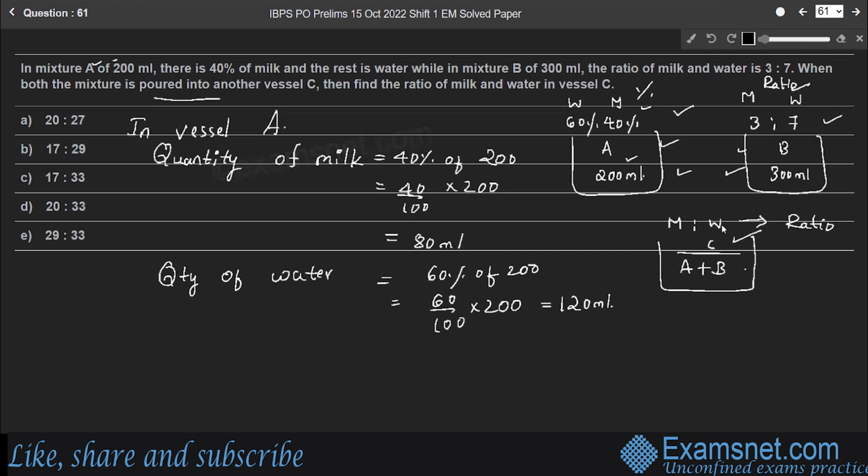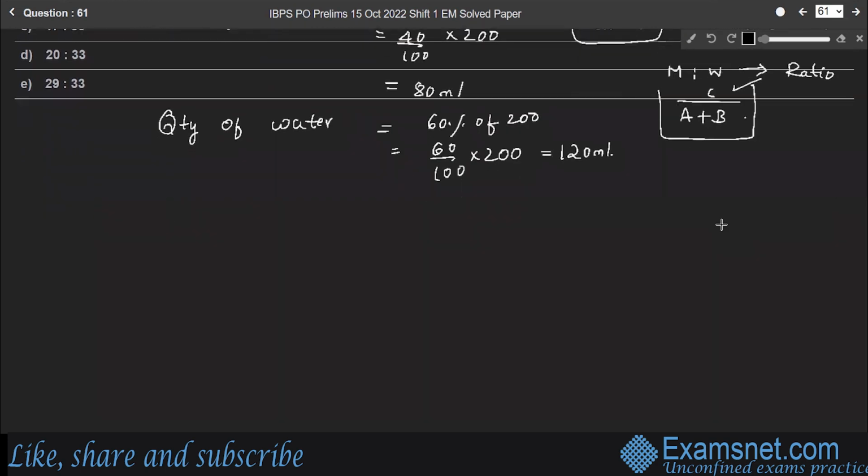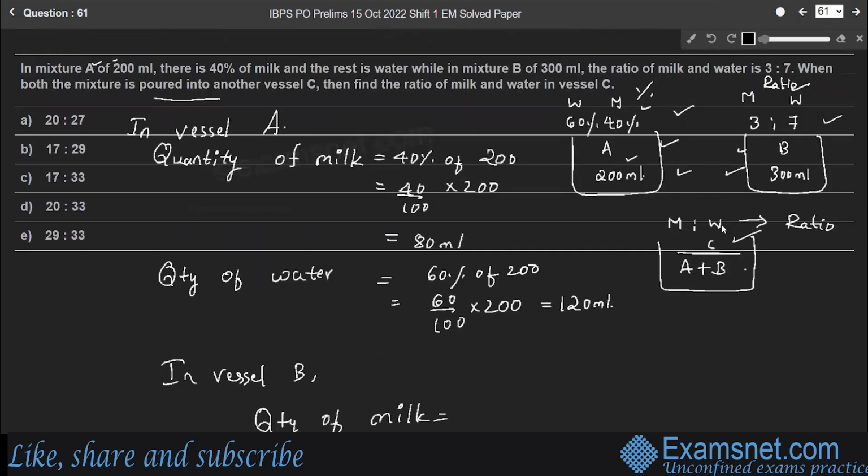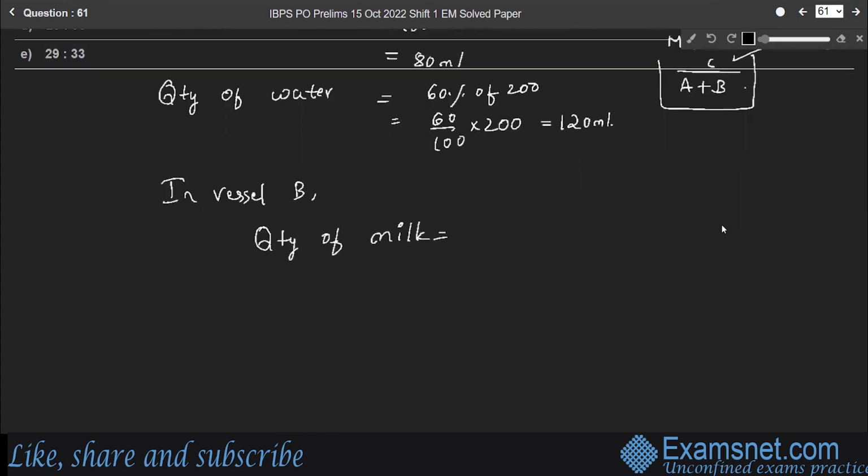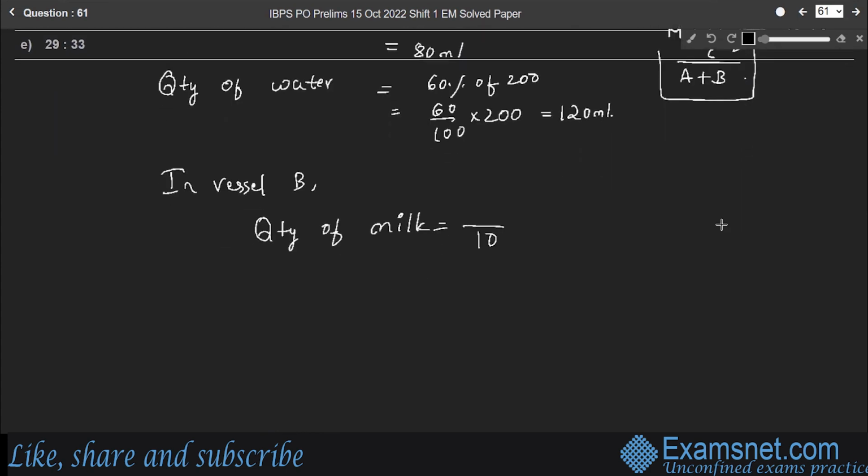And in vessel B, the quantity of milk: here the ratio is 3:7. So out of 10, 3 parts are of milk.